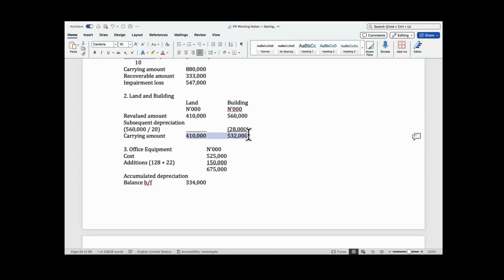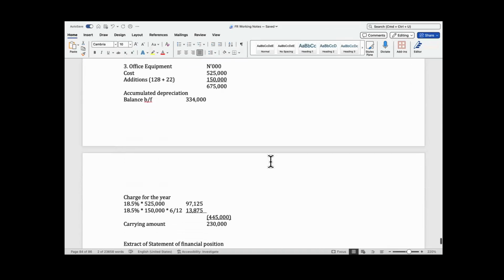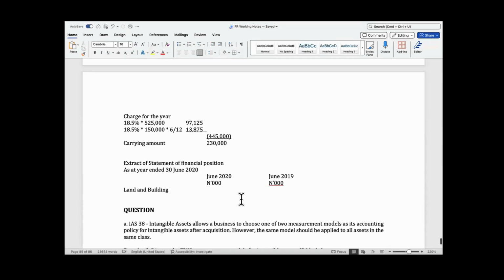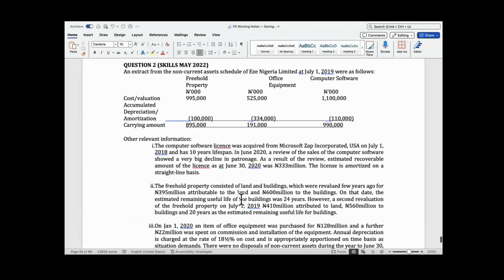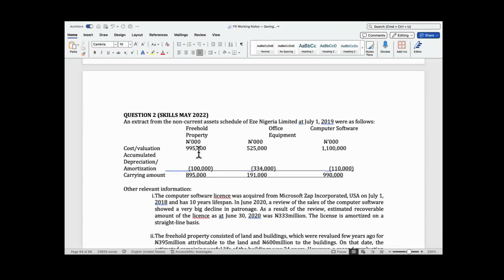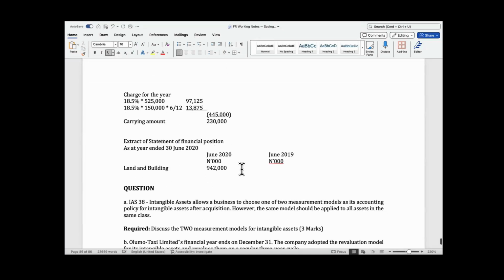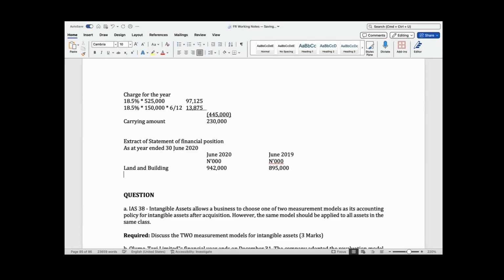What's the addition of these two? This should be 942. Yes, sir. Yeah, 942. And in June, how much was it? 895. It was 895 in June. Then office equipment. This 230.